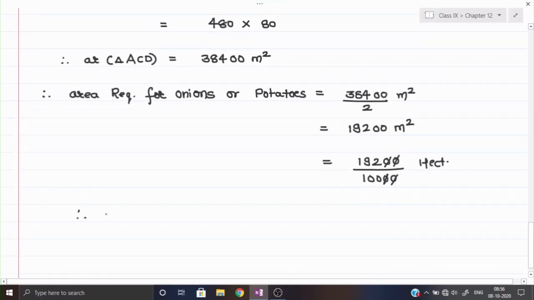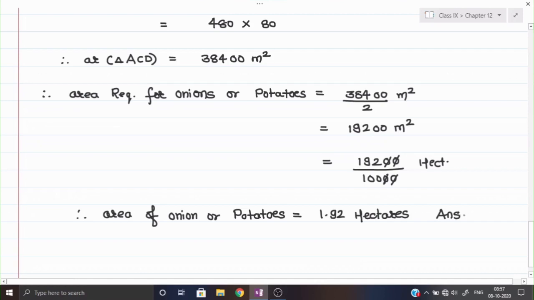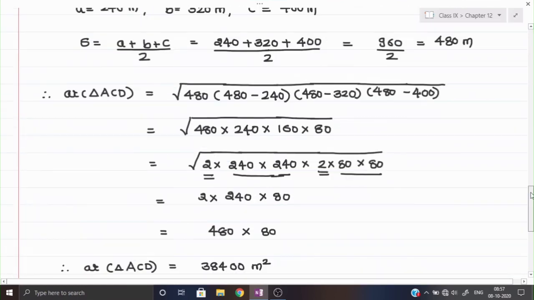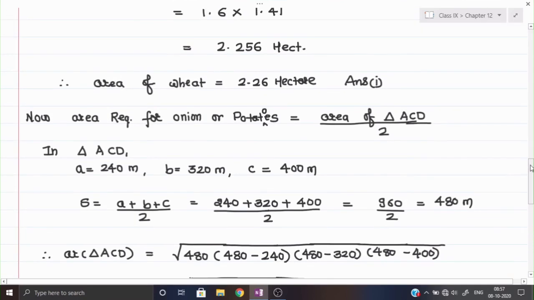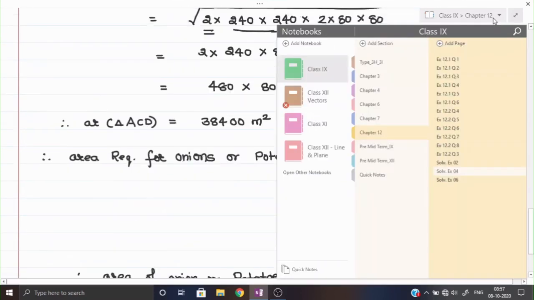So we can say that therefore area of onion or potatoes is equal to 1.92 hectare. Okay, and this will be your second answer. Means onion or potatoes, they are going to grow in 1.92 hectare, while wheat she is going to grow in how many hectares? That is 2.26, I suppose we found. Yes, 2.26 hectare.